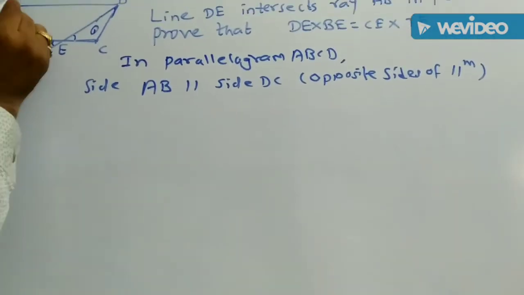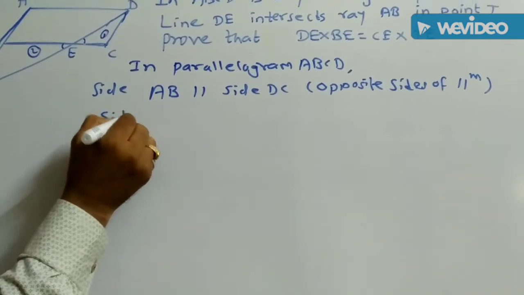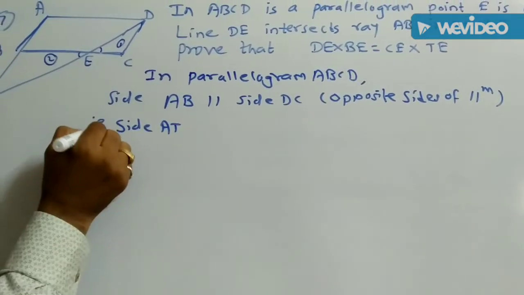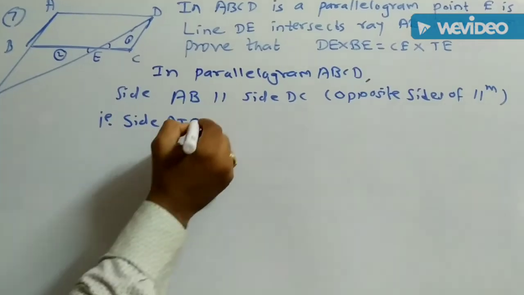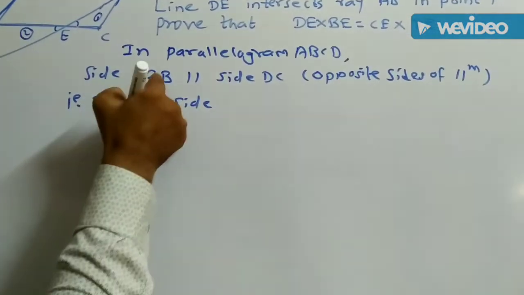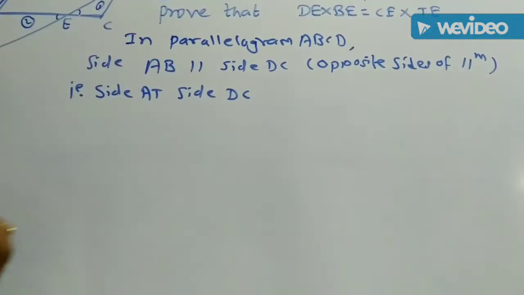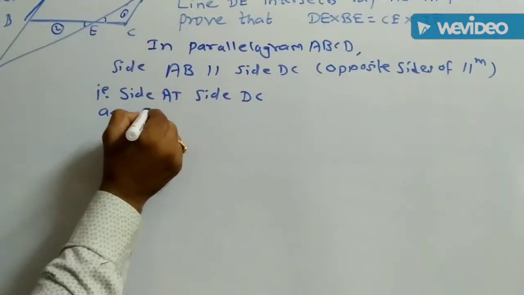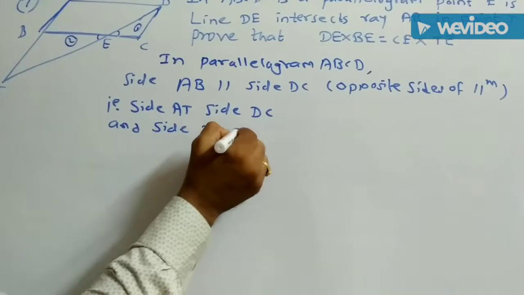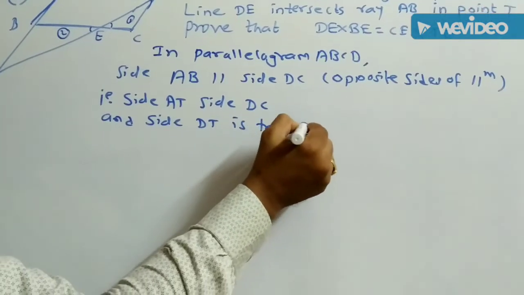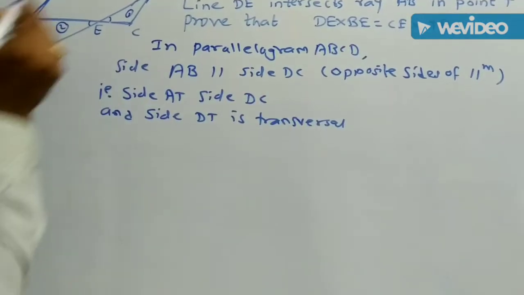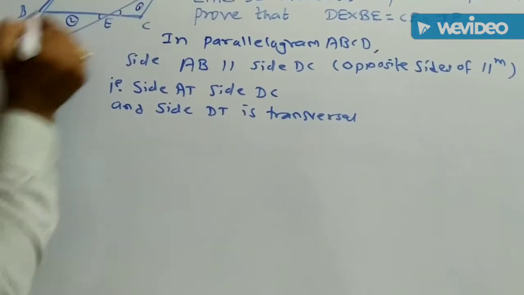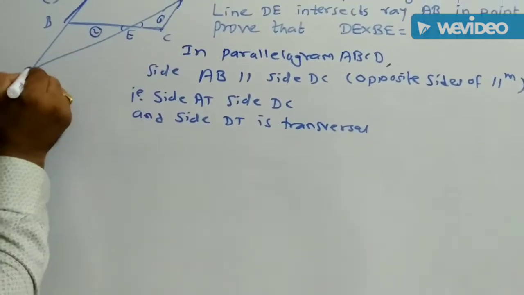This AB can be written as AT, same side different name, side AT. Therefore, we can write side AT parallel side DC, and this DT is the transversal.